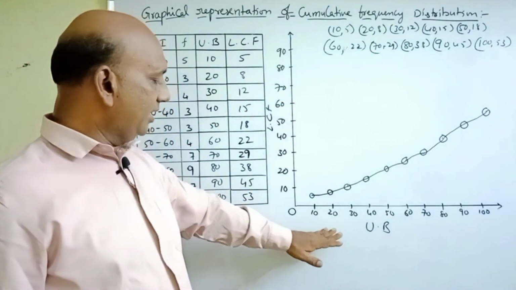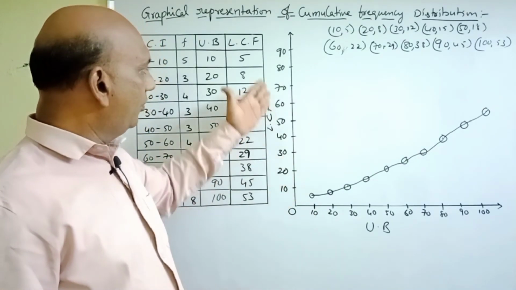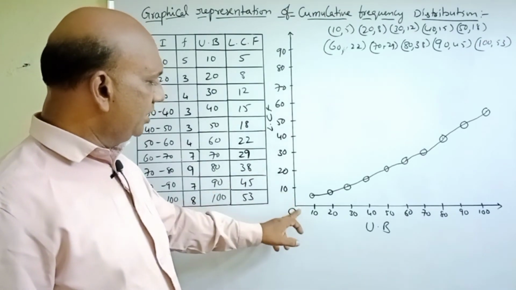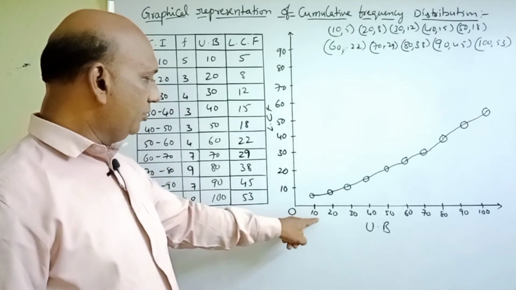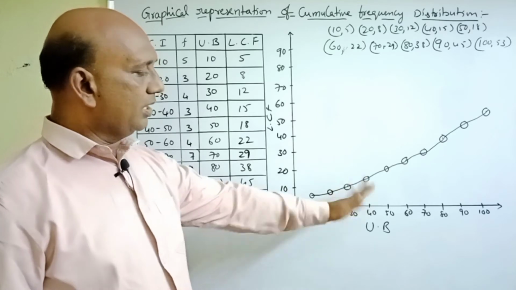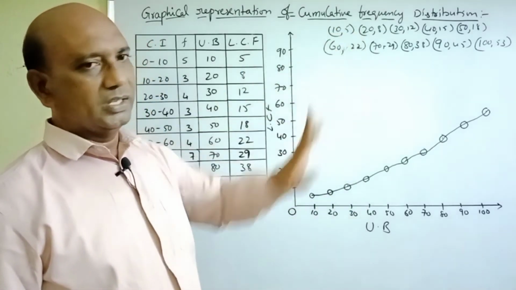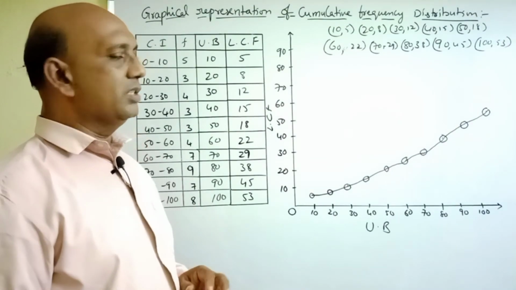On the x-axis 1 centimeter is equal to 10 units taken, and on the y-axis 1 centimeter equal to 10 units. This is 1 centimeter distance in your graph paper. You have to write whatever you have taken as a scale. There will be 1 mark for that scale.